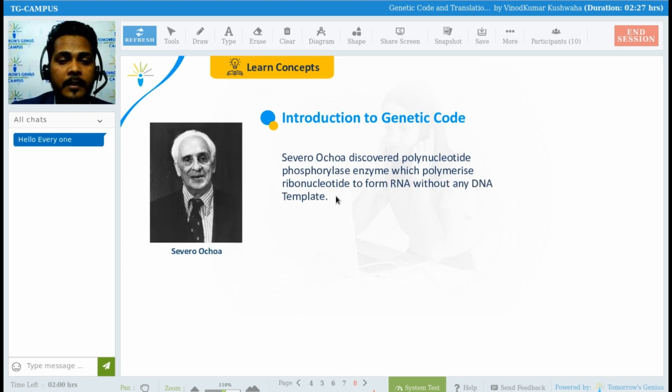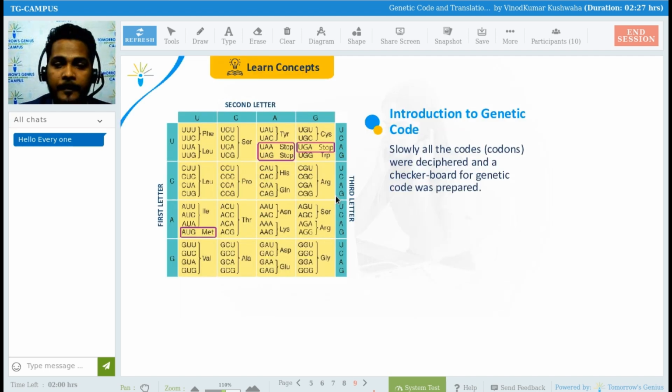Later on, it's Severo Ochoa who discovered polynucleotide phosphorylase enzymes, which polymerize ribonucleotides to form RNA without any DNA template. So finally they formulated a genetic code.